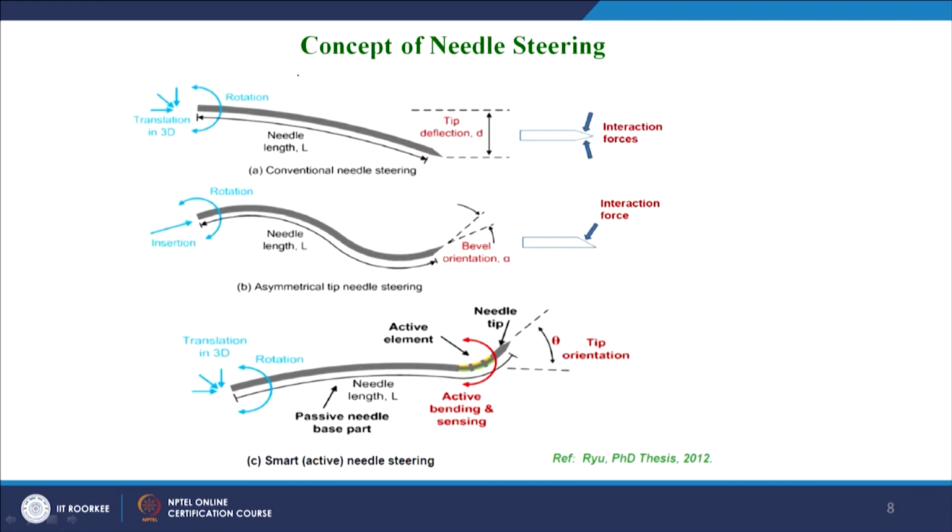The concept of needle steering. Coming to the concept of needle steering, conventionally the needles are steered or maneuvered and manipulated in such a way that they are manipulated at their base by translation, which is in 3D, all together in x, y and z axis.